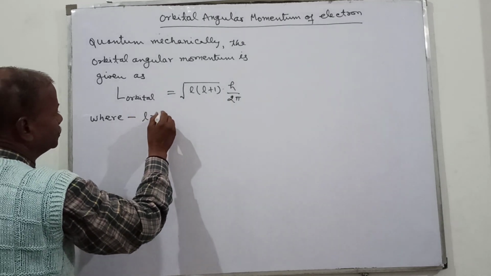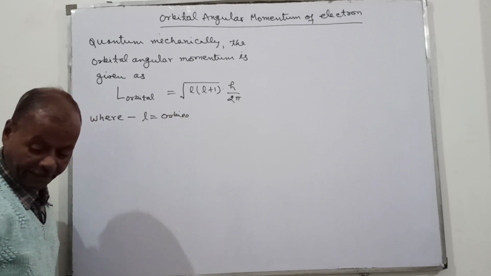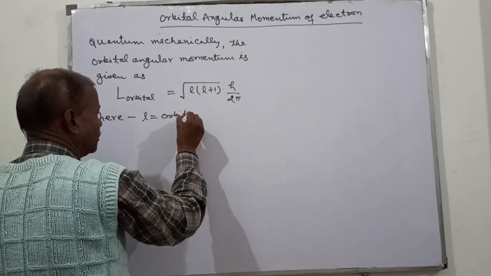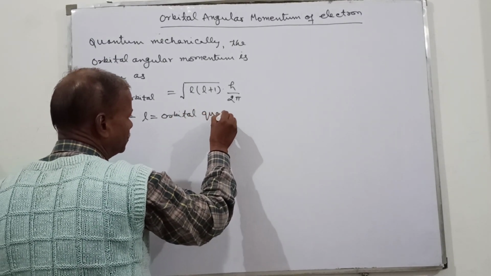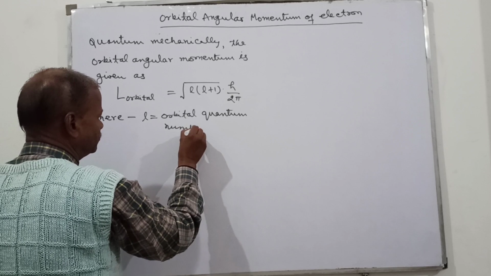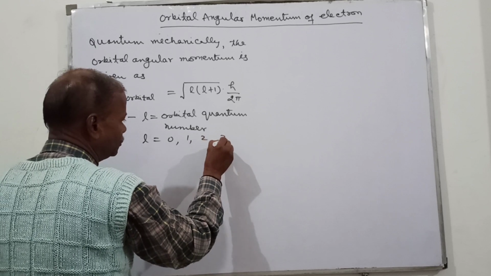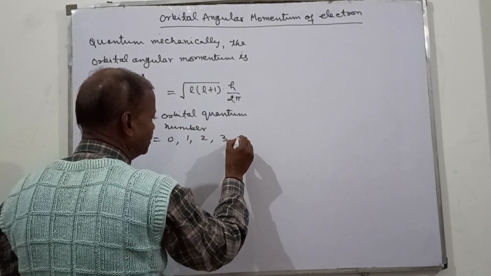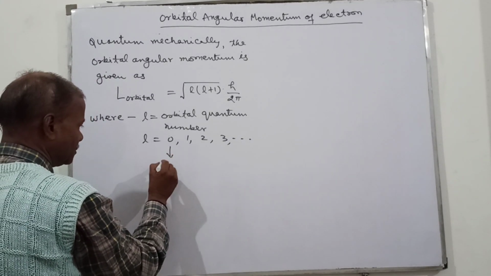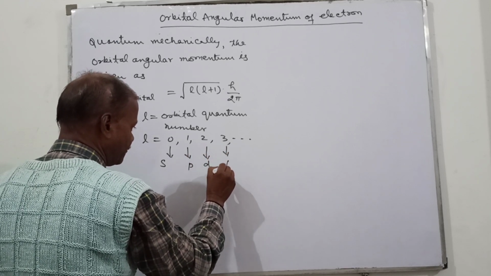l equal to the orbital angular quantum number, orbital quantum number. So this l equal to 0, 1, 2, 3, and so on. This l is for s, this is for p, this is for d, this is for f.